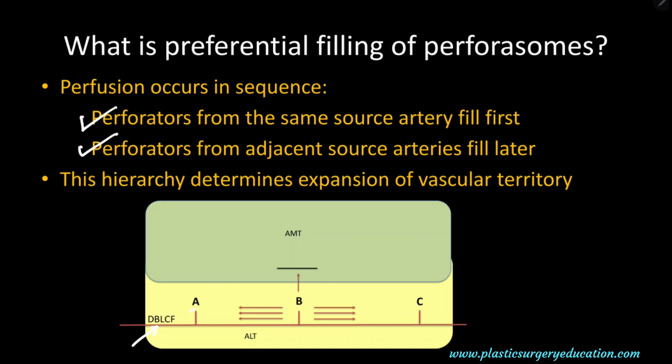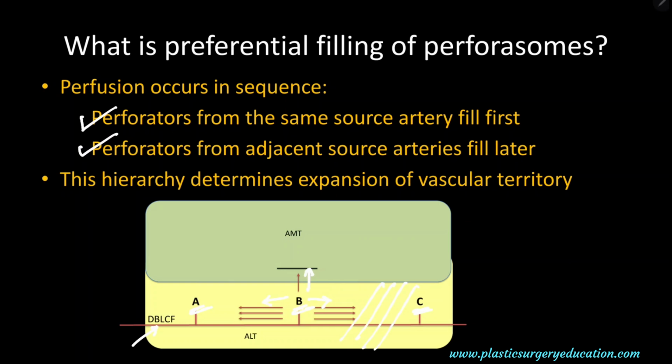We have perforators A, B and C. When perforator B is filled, blood flows from perforator B to perforator A and to perforator C. Blood flows from B to the anteromedial territory only after the territory of the ALT flap is completed.